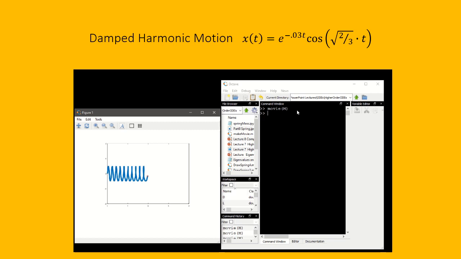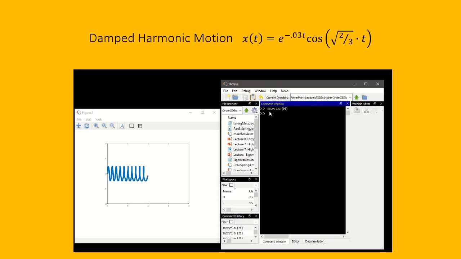Let's run that one more time so we can notice that the spring at first stretches and compresses quite a bit, but as time goes on the stretch and compression becomes less and less until we cannot tell whether the spring is moving anymore.